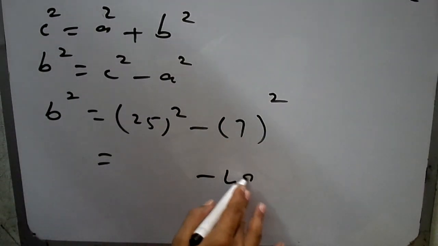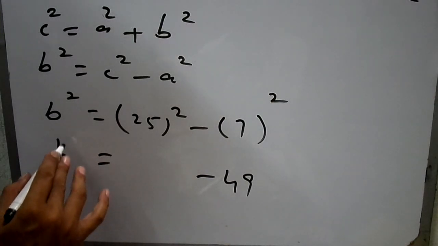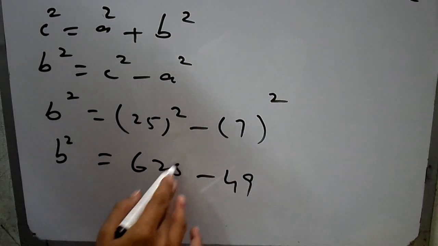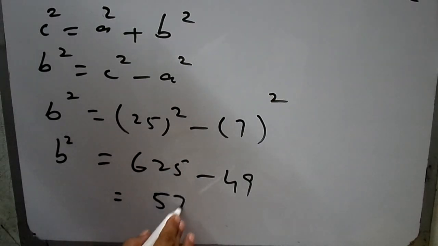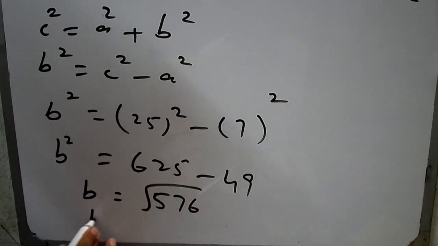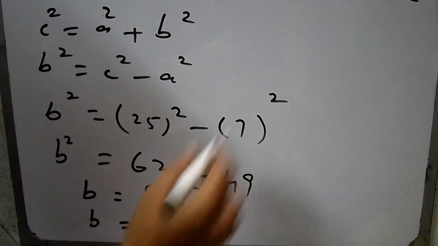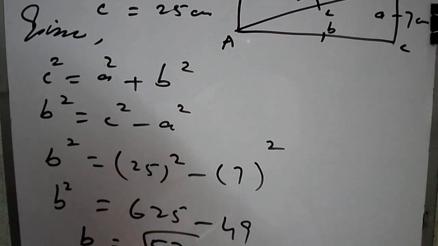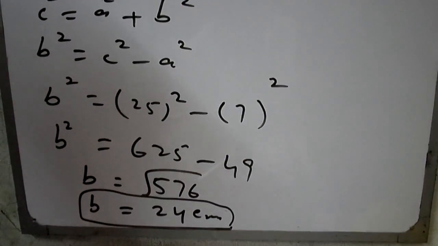So remove the square sign, and you will get 576 under root. The value of B is 24 centimeter. So the base value is 24 centimeter.